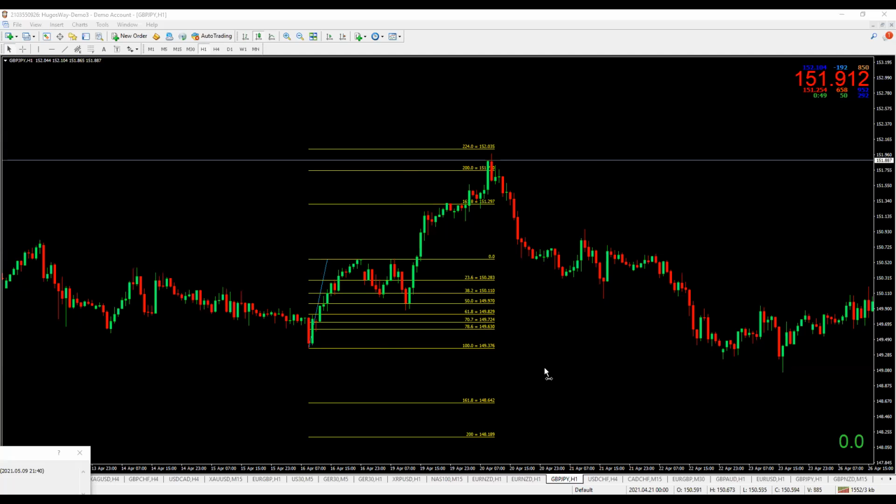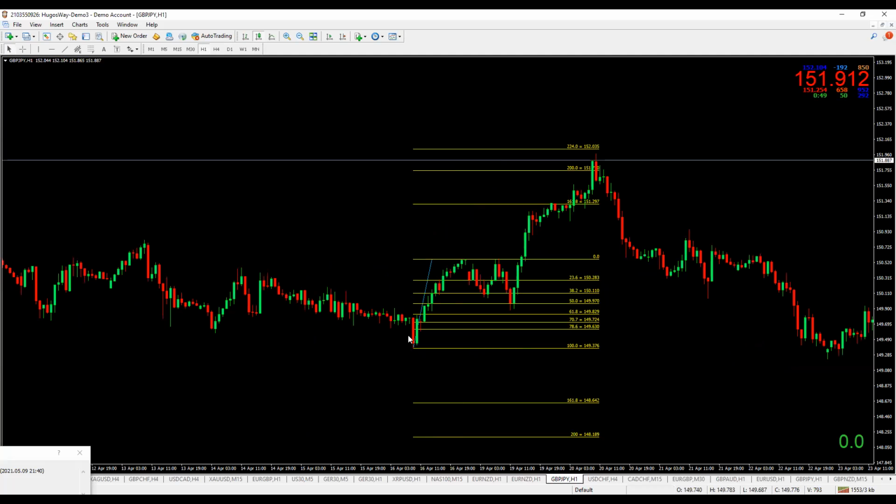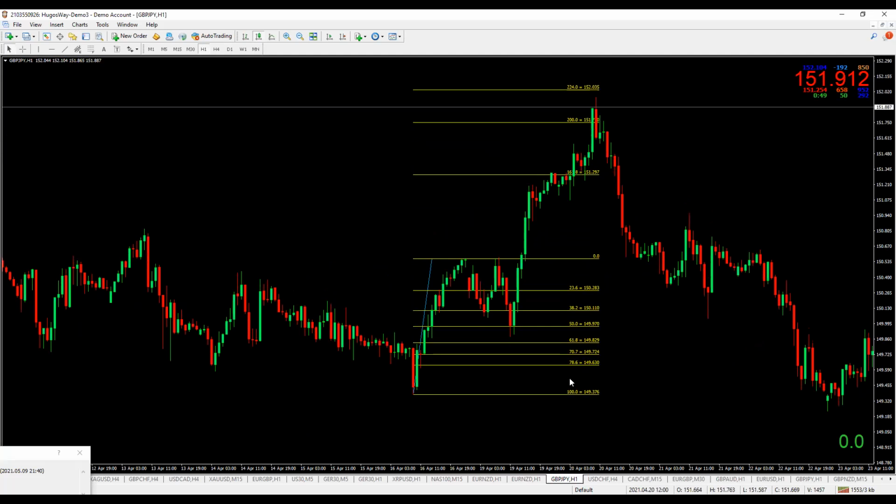Sorry about that. Okay, so basically, I want us to notice that when we start at a certain point drawing the Fibonacci, we start at 100 and end at 0. So what we are believing would happen is that the price, having retraced, would now go above 0. Now, this is a bullish move, obviously. We are expecting a bullish move.